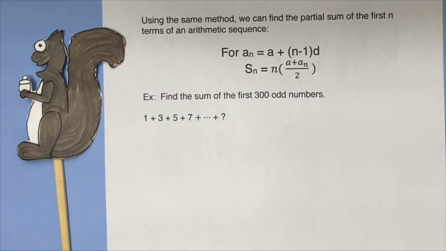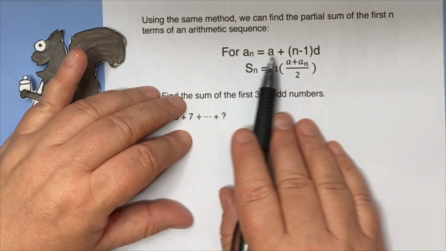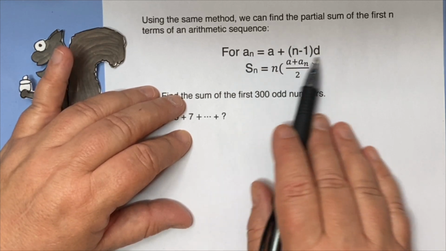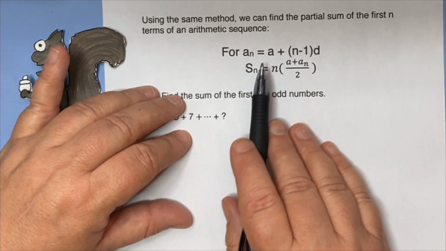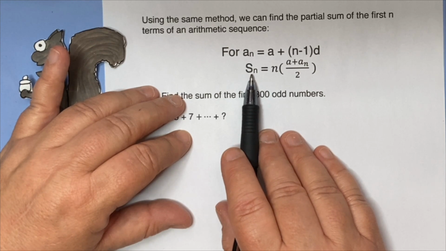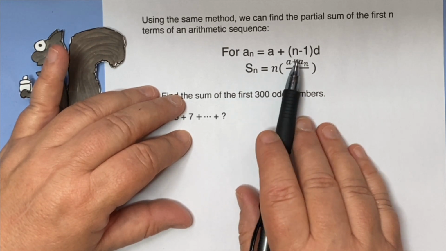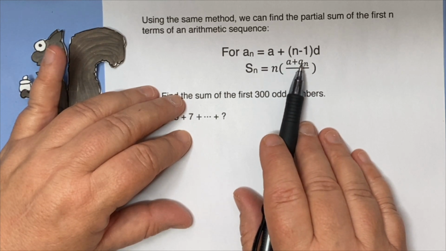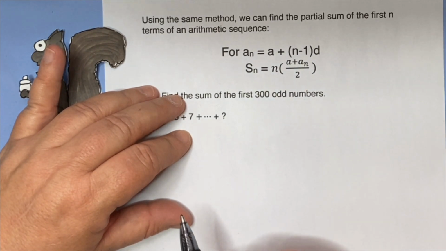The answer is that if each term is a plus n minus 1 times d, then the partial sum is just n times the first term plus the last term, divided by 2.